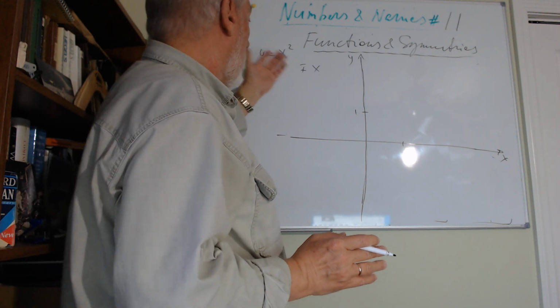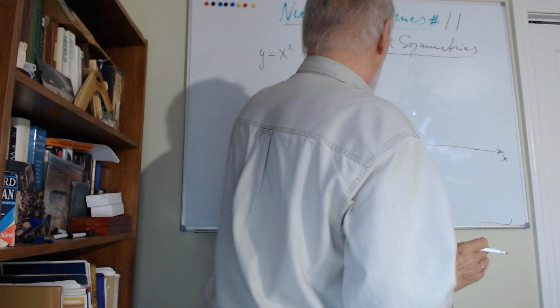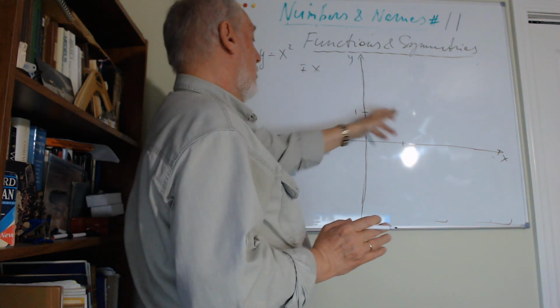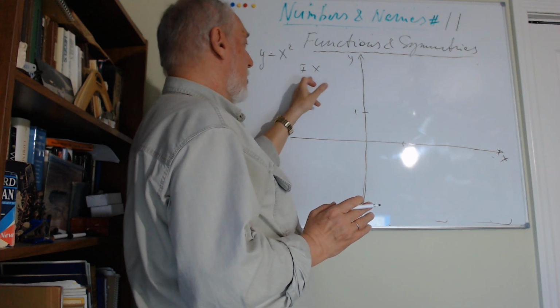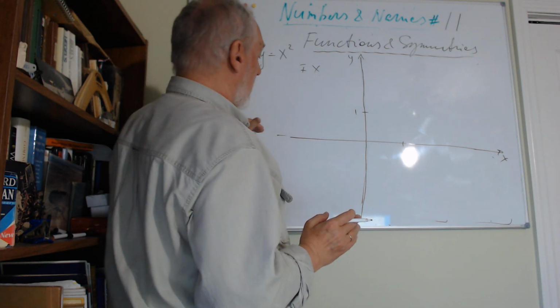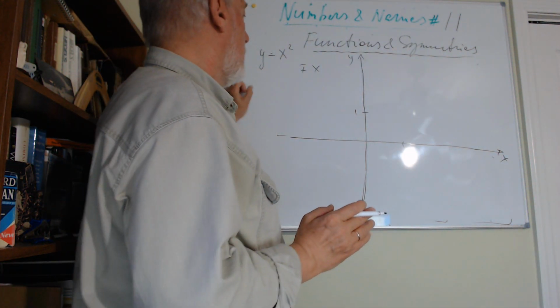And now let's talk about maybe another symmetry. This is about symmetry against y. For seeing symmetry against y, we change the sign in x, right?